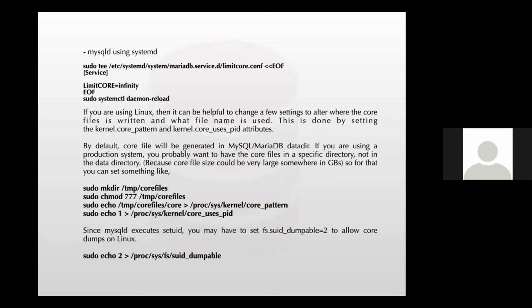And sometimes, as I said, the earlier core file size was very huge. So sometimes you cannot save those files into the data directory, because by default the core file will be generated in the data directory. So if you want to change that, you must do this, because you don't know how much size will be generated by the core file or core dump.